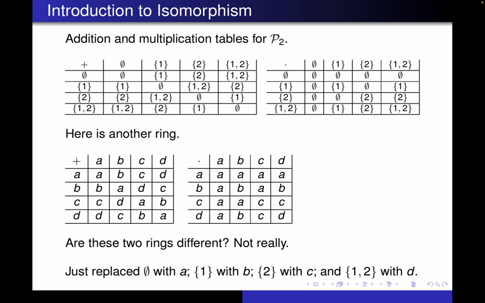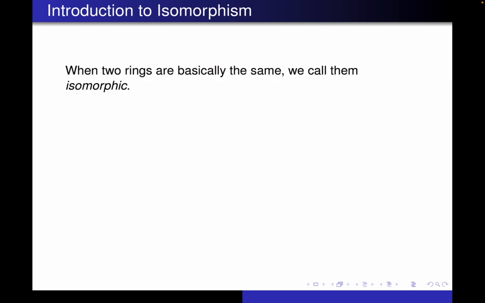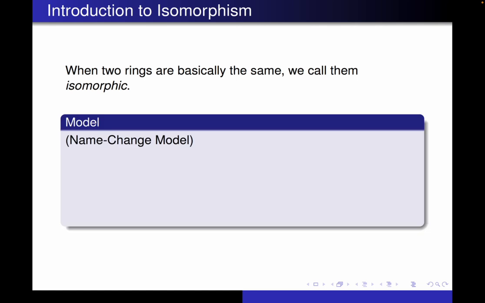Now, you should try it just to make sure that I'm not lying to you, but it is absolutely true. So this is a situation where we have two rings that are technically different because they have different elements in them, but they're basically the same because up to changing their names, they have the exact same addition and multiplication tables. When this happens, we call the rings isomorphic.